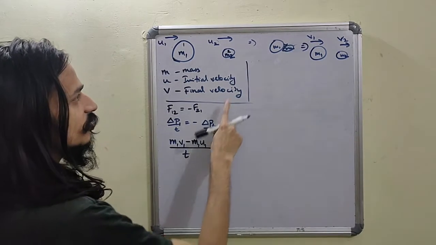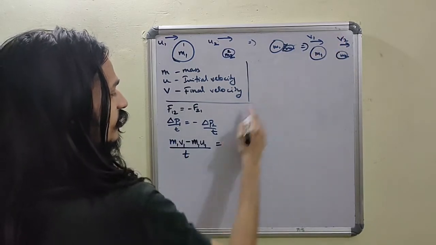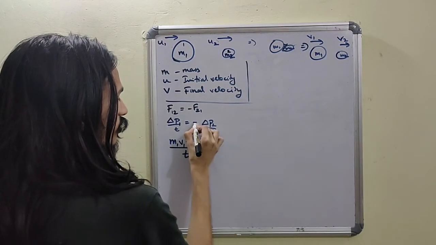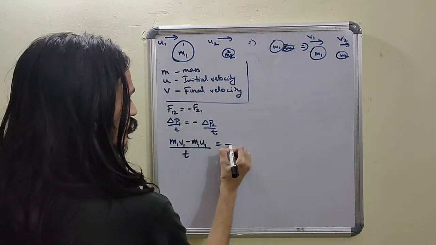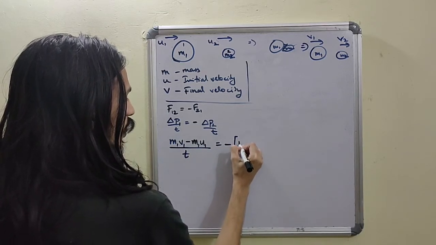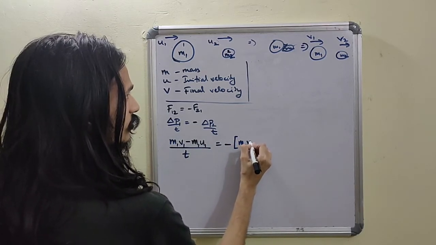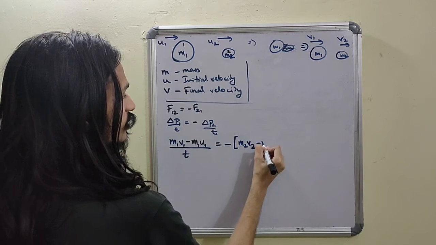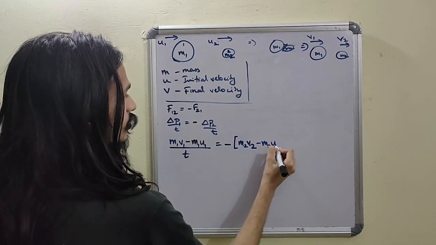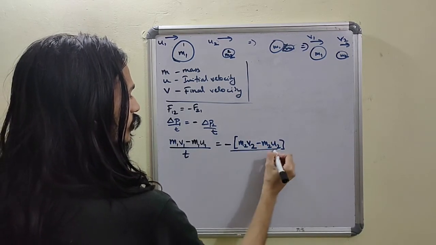In the same way for the second object, I have m2 and v2. Remember there is this minus sign here also, so minus of m2 v2 minus m2 u2, divided by t.